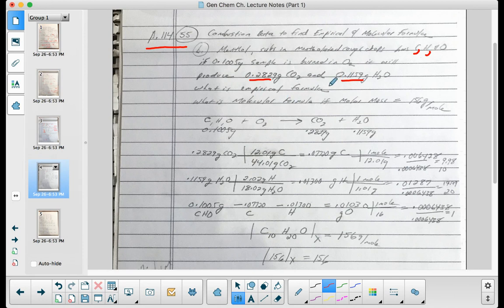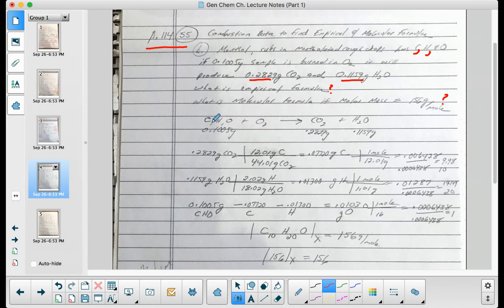And the question is, what is the empirical formula? And then also, what is the molecular formula if the molar mass of 156 grams per mole is given? Remember, I said you're going to need the molar mass if you're going to be asked to find the molecular formula.